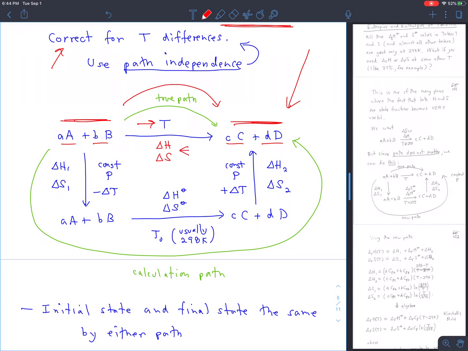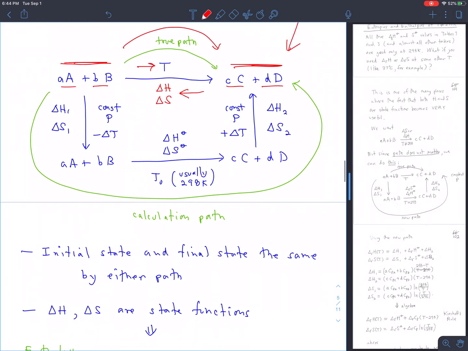And we want the delta H and delta S for that, but what we have from the tables are the values at 298 K. What we need to do is take our reactants from our true temperature here to the 298 K value, carry out the reaction at 298 K, then we can use the tables, right? And then take our products back up to the temperature that we really want.